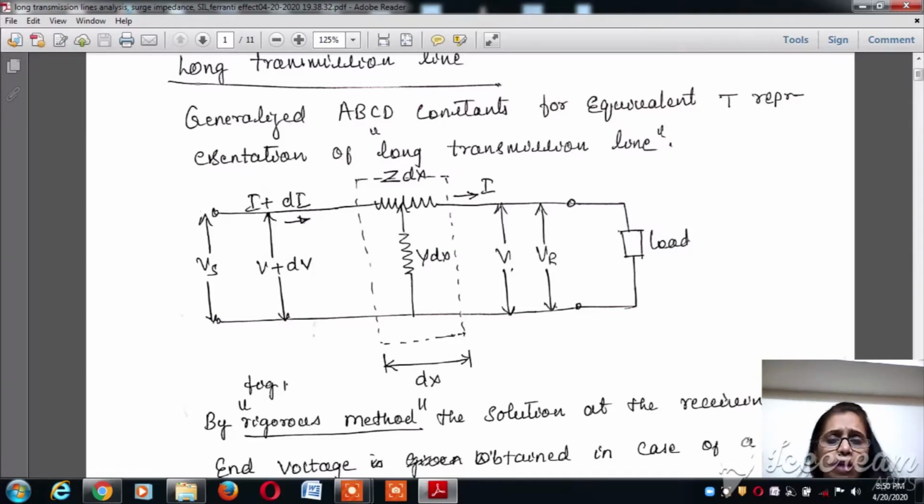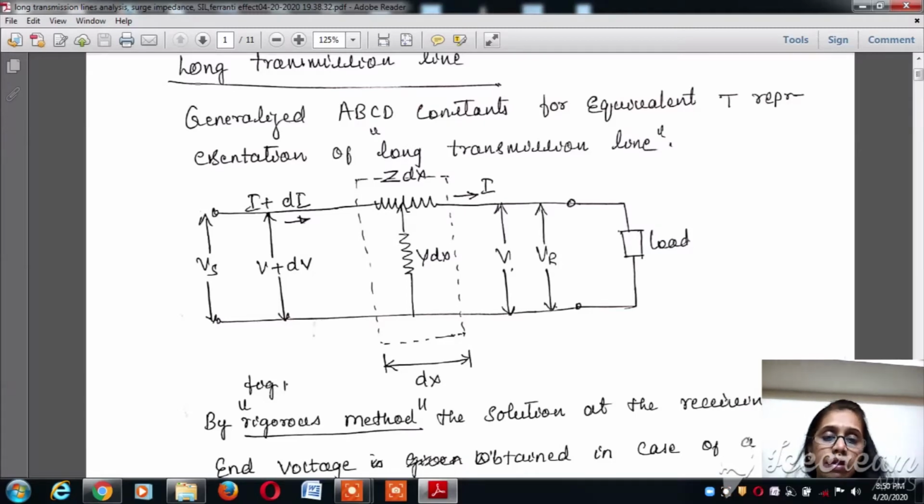So now there are different ways to calculate the transmission efficiency and the voltage regulation, which are the two parameters for considering the performance. In this way, we know that the equivalent model of a long transmission line could be either the nominal T or the nominal pi method.